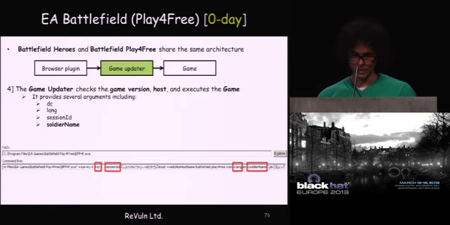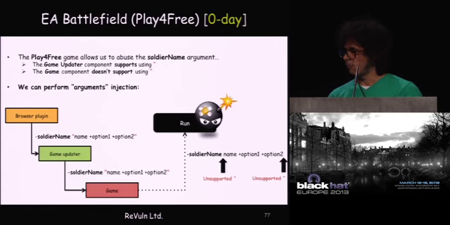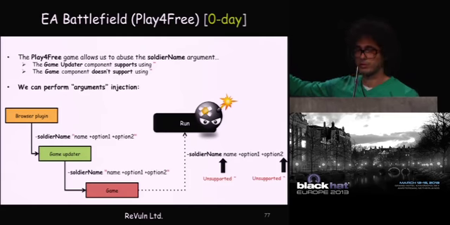But there is a problem. One of them, soldier name, is handled in a particular way. The double quote delimiters are correctly handled in the updater, but the game isn't able to handle them. So we can inject our custom options through the soldier name.